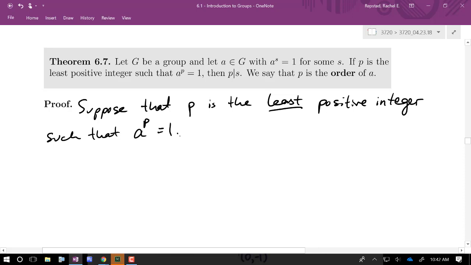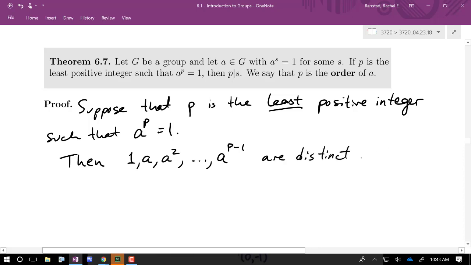Think about that process where we take A and keep multiplying it by itself to generate different elements of G. If P is the first time that we get 1 by going through that process, then we know for sure we have generated at least some distinct elements in the group. So we'd have 1, A, A squared, all the way up to A to the P minus 1 are distinct. Those are distinct elements, and there are no repeats in this list.